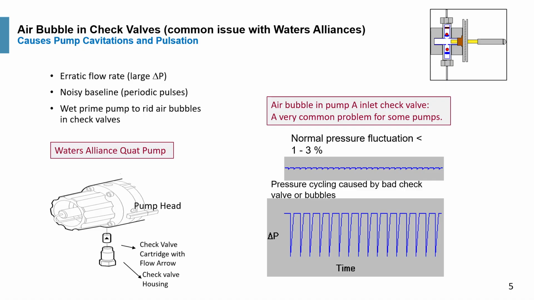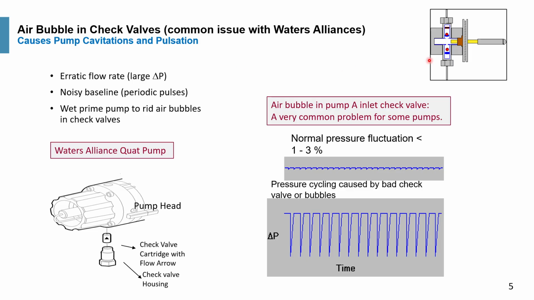Very often, particularly prevalent in older systems, the one that in my experience has an issue is the Waters Alliance systems, where an air bubble can be trapped in the inlet check valve, typically the mobile phase A check valve, because that generally uses the weak solvent, the aqueous phase with high water tension, which supports the formation of bubbles.